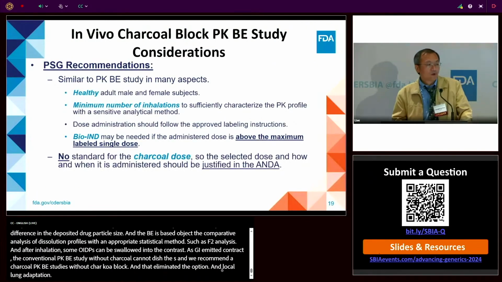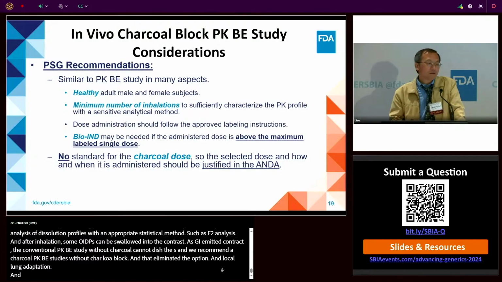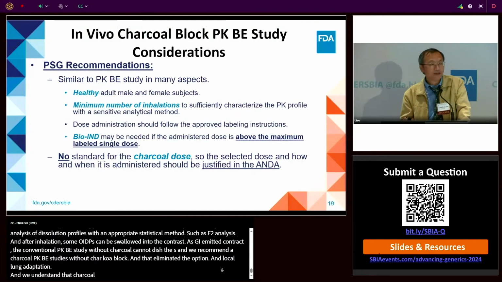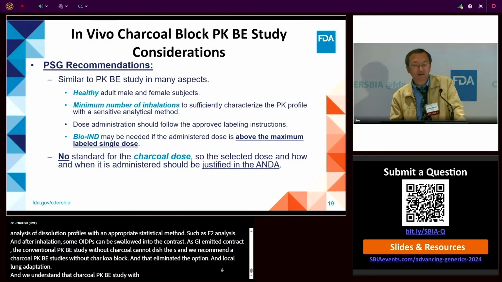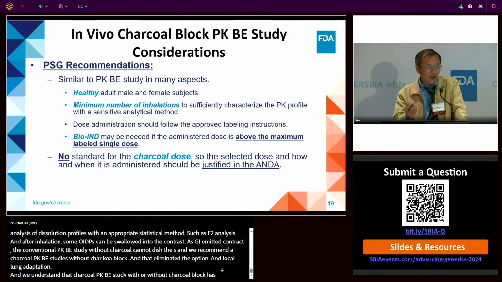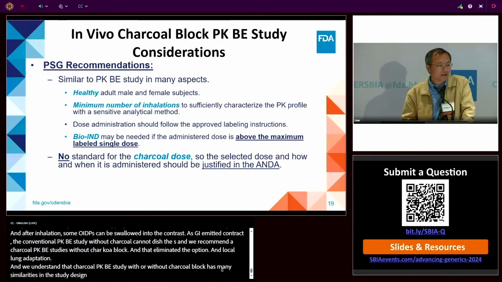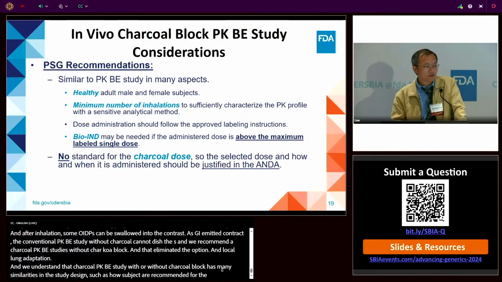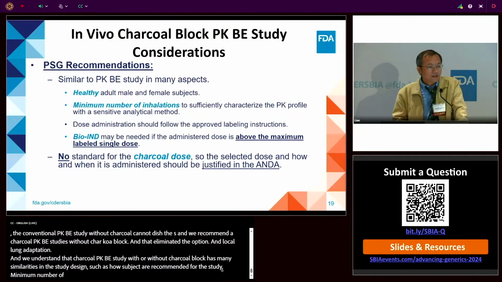And we understand that the PK BE study with or without charcoal block have many similarities in the study design, such as how subjects are recommended for the study, minimum number of inhalations, etc. And currently, the only difference actually is the administration of charcoal block.